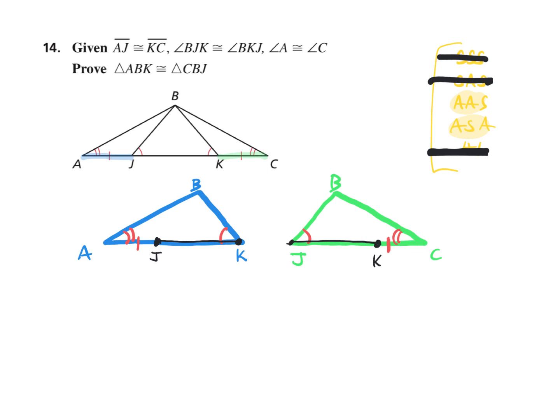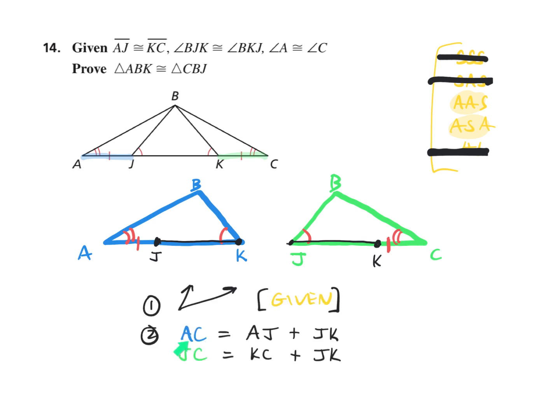Let's write that out. So side AK is AJ plus JK, and the green triangle's bottom side, JC, is KC plus JK. So the reason for this is the segment addition postulate.